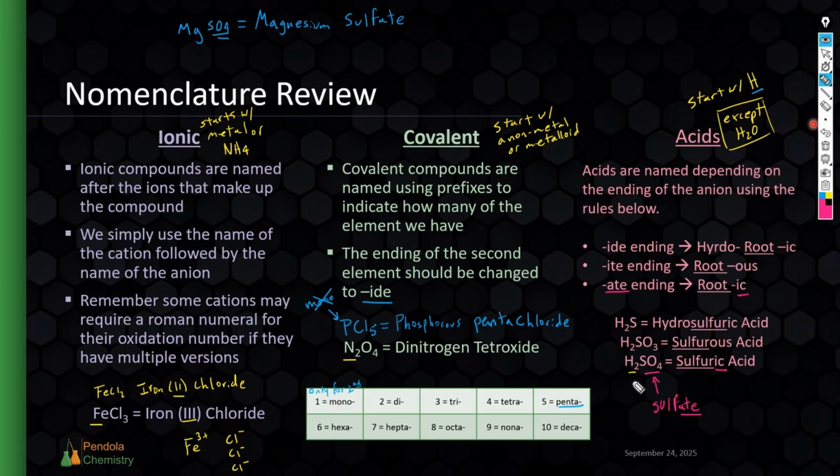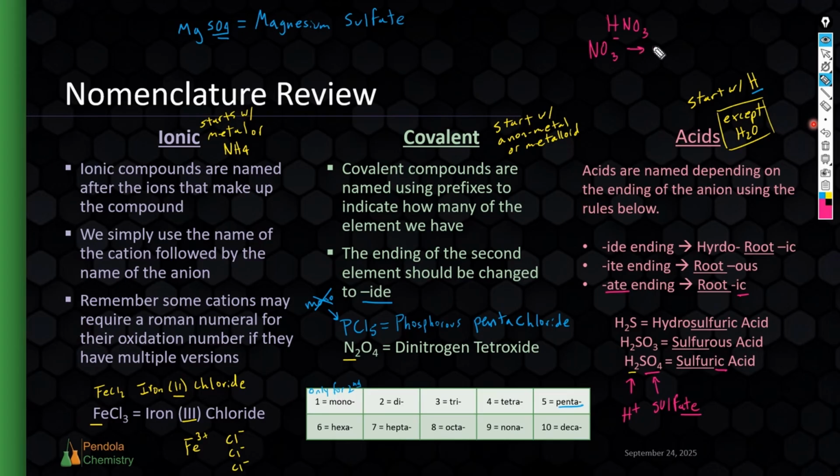And then how do we know how many hydrogens we have? Remember, hydrogen is always H+, so +1. So whatever the charge on the anion is, that's how many hydrogens we put. So here we have 2 hydrogens in all of these because all of these anions have a -2 charge. If we have something like NO3, for example, this is only 1 H because NO3 is -1.